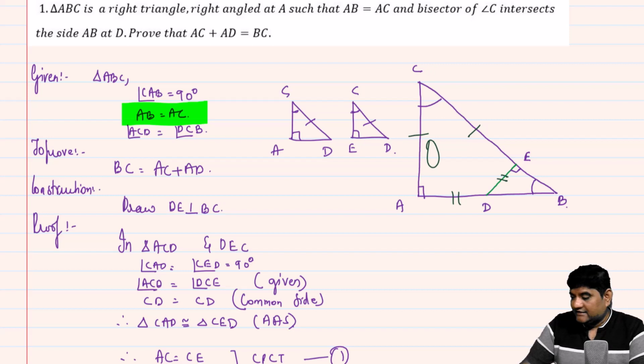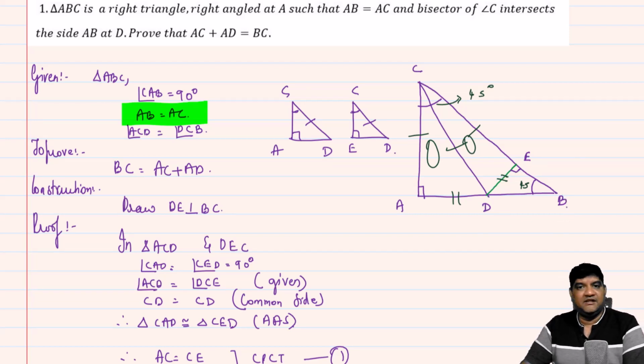That would mean that the base angles are 45, which means this angle was 45 and this angle was also 45 degrees. Then we focused upon the triangle DEB, and in that triangle, we mentioned that the base angles are 45, using the angle sum property, and that would mean that it's isosceles. And because it's isosceles, this side is equal. And that was my proof.